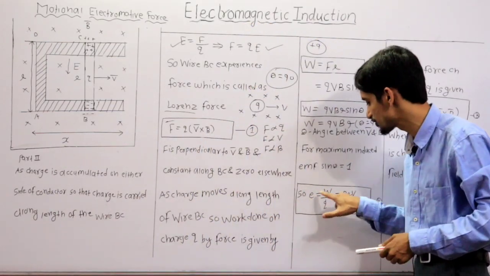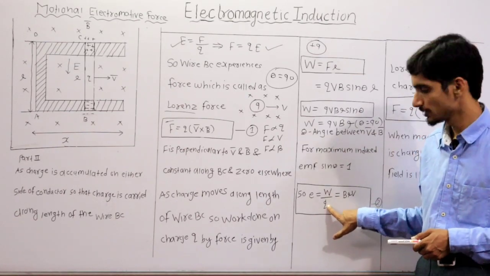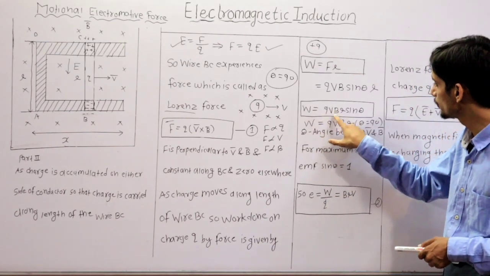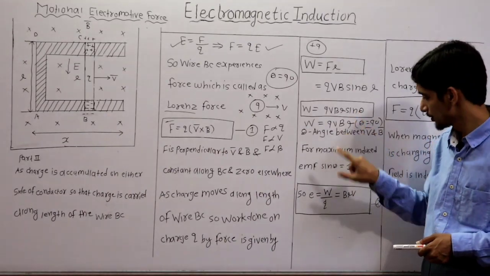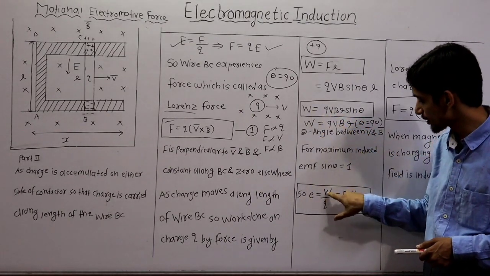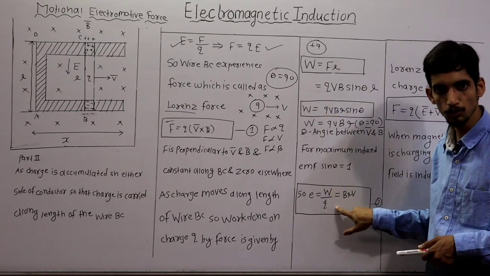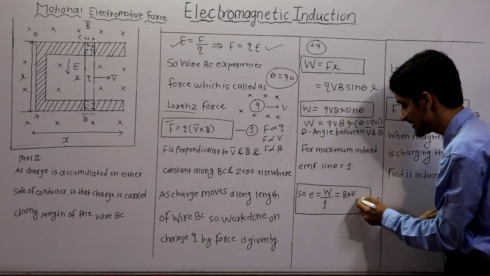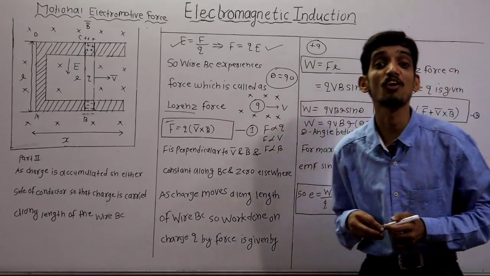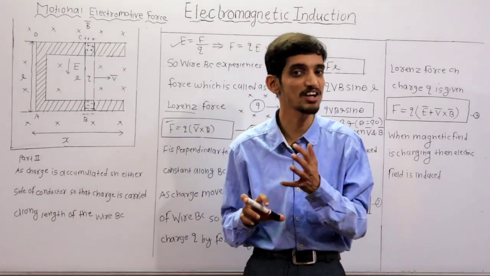That's why this EMF is work done per unit positive charge. That's why this work done is equal to QVBL sin theta. So as this EMF is W upon Q, after arranging the equation, you get E is W upon Q, which is equal to BLV. This is the expression for induced EMF that we have already discussed using Faraday's law.